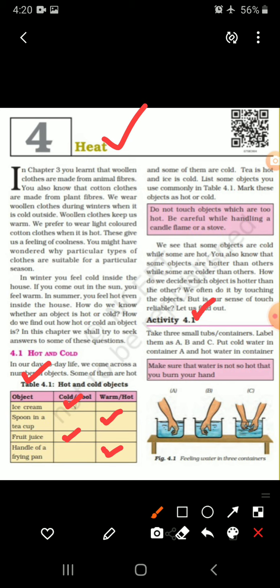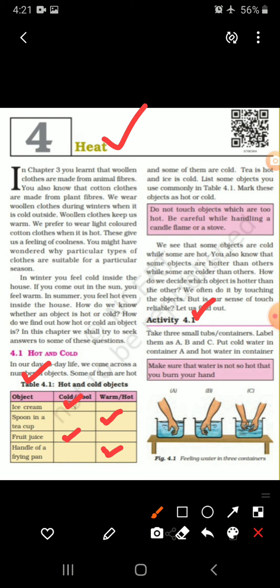Take three small containers and label them as A, B, C. What you have to check is the hotness. In short, you have to take three tumblers like this.